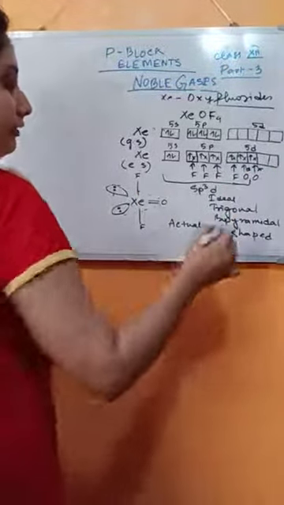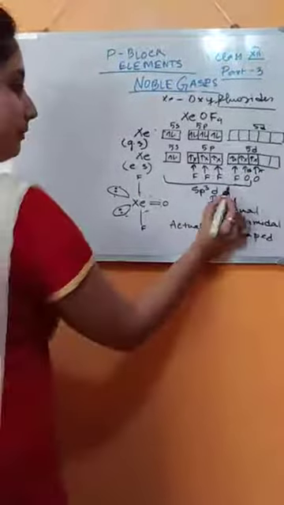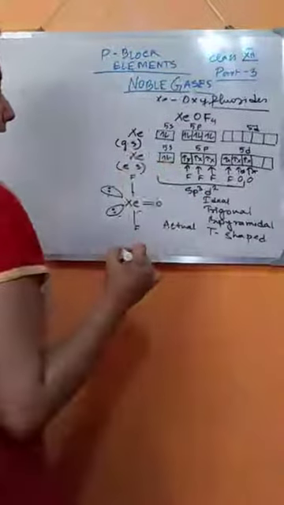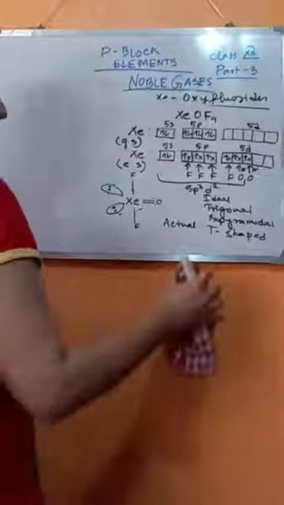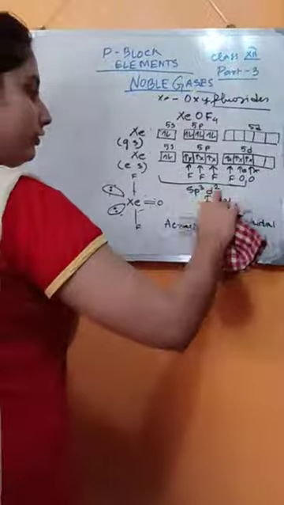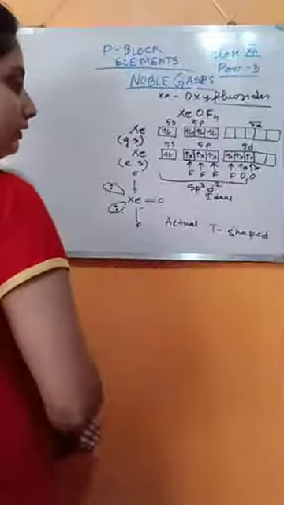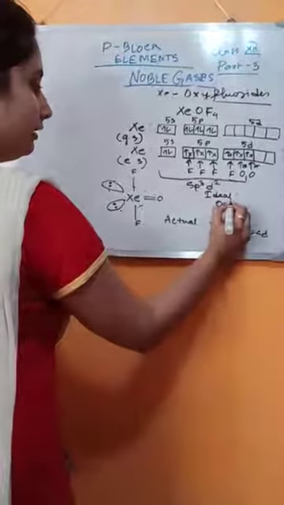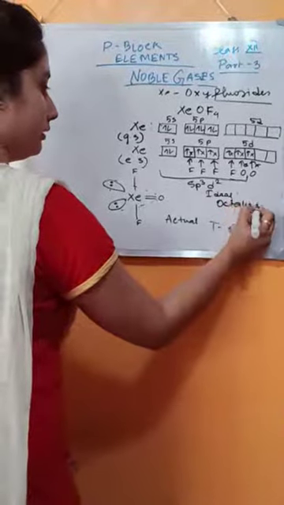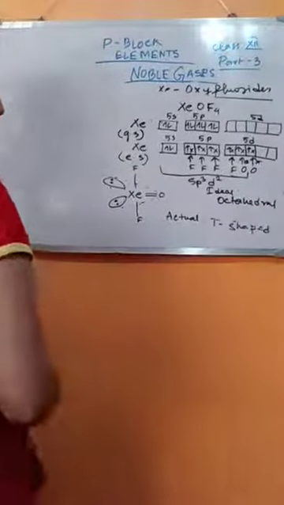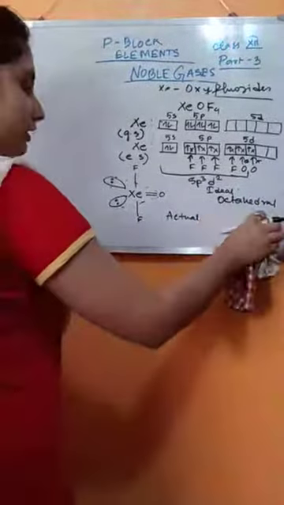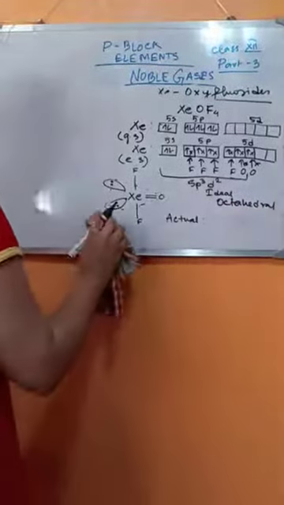We will not consider the pi bond. sp3d2. The ideal geometry will be octahedral. Let's see the structure, then I will come to the actual geometry.